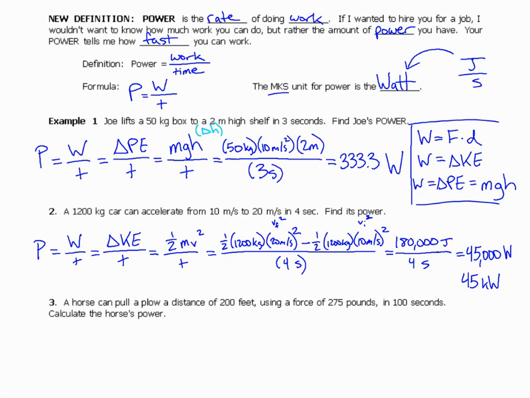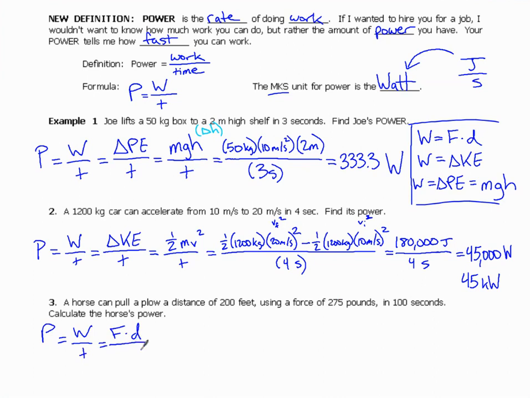Example 3, a horse can pull a plow a distance of 200 feet using a force of 275 pounds in 100 seconds. Calculate the horse's power. So power is work divided by time. With this one, we've got a force and a distance.